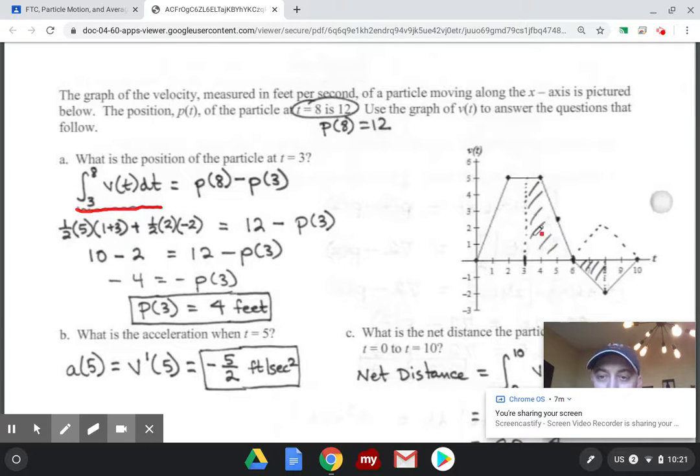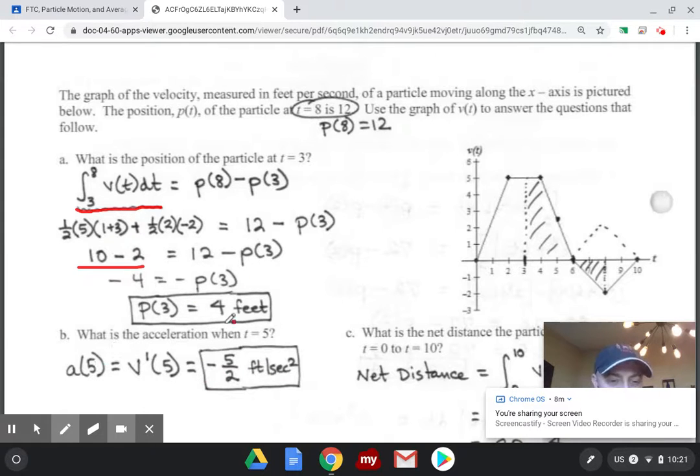We got a trapezoid, or you can think of it as a rectangle, a triangle, and a triangle. And just remember that the area underneath the x-axis is going to be negative, which is what they ended up doing. So there is the area underneath the curve, and then they subtracted 12 from both sides and divided both sides by -1 just to get p of 3 by itself, which ends up being 4 feet.